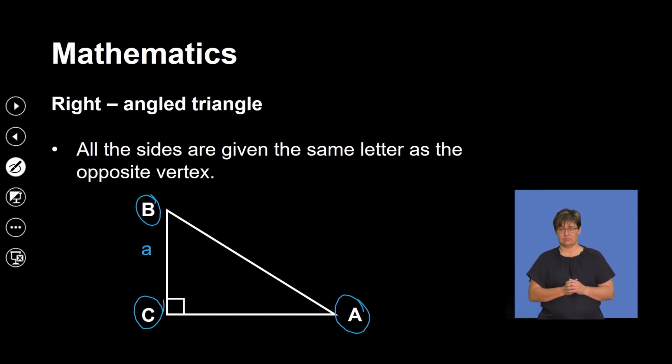So this is what I mean, a like that, b, and c. So you can see that whichever vertex the side is opposite to, we name that side using a lowercase of that vertex. So this saves time from saying side AB. Instead, you can just say side c, you see. So it makes it a bit easier for us to talk about these sides.